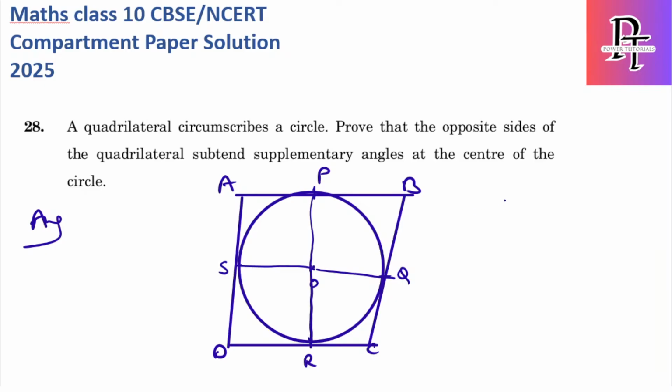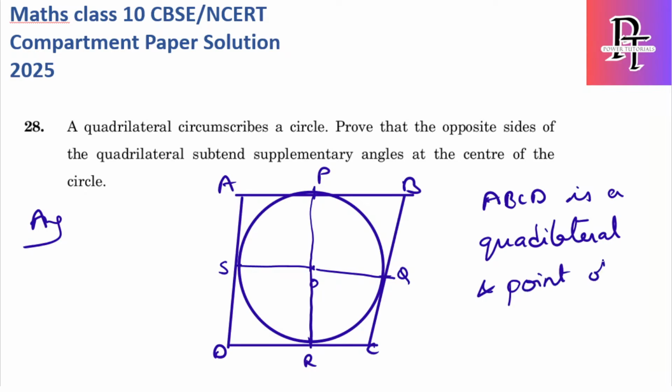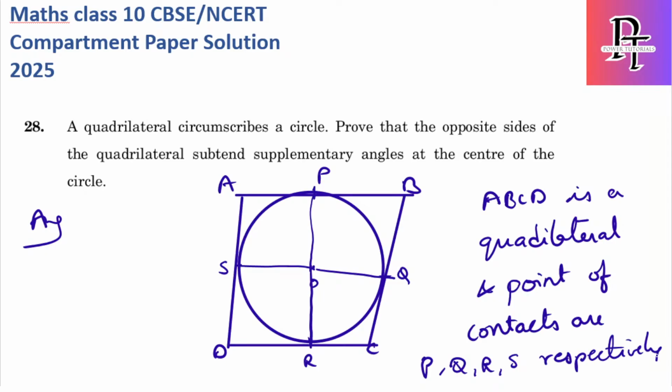Okay, so first we have to write: ABCD is a quadrilateral and points of contact are P, Q, R, S respectively.